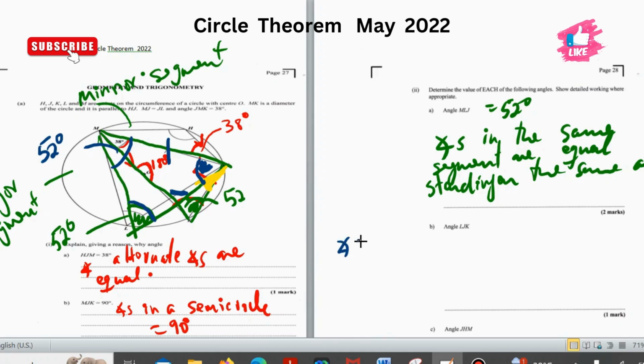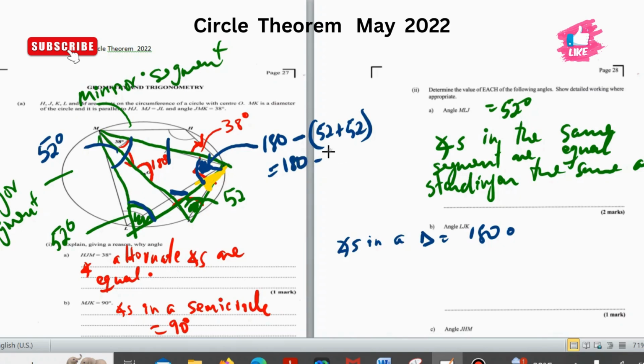Okay? What else do we know? We know that angles in a triangle add up to 180 degrees. So this piece here is equal to 180 minus 52 plus 52, which is equal to 180 minus 104, which is equal to 76 degrees. But what else did we calculate? We had calculated that this entire angle, the second question they asked us, was equal to 90 degrees.